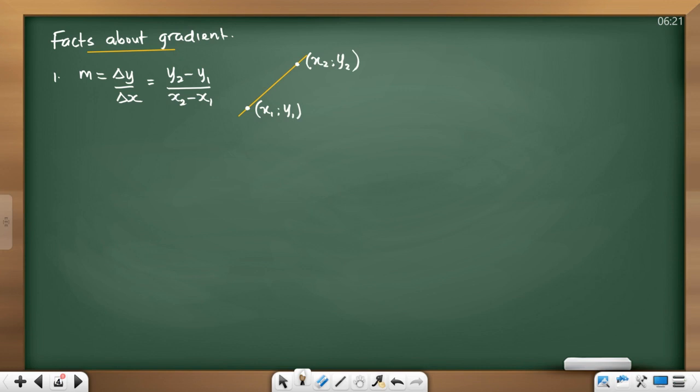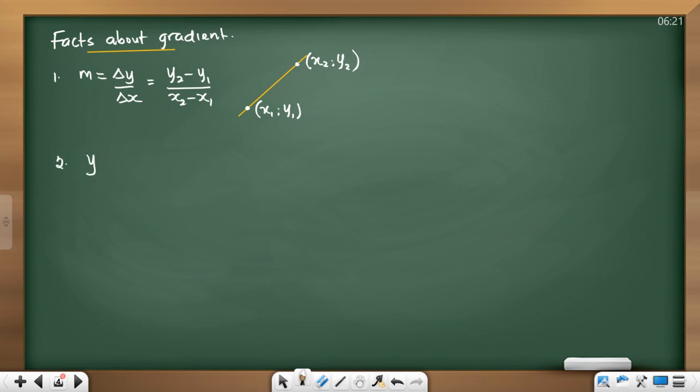We always write it as 2 and 1, 2 and 1. You can also write 1 and 2, but I'll be showing you how I represent mine once we have letters. When we have letters, I no longer use the 1 and the 2. For clarity, I start using the letter of the particular point, and you would see. This we all know from grade 9, when we were calculating gradient.